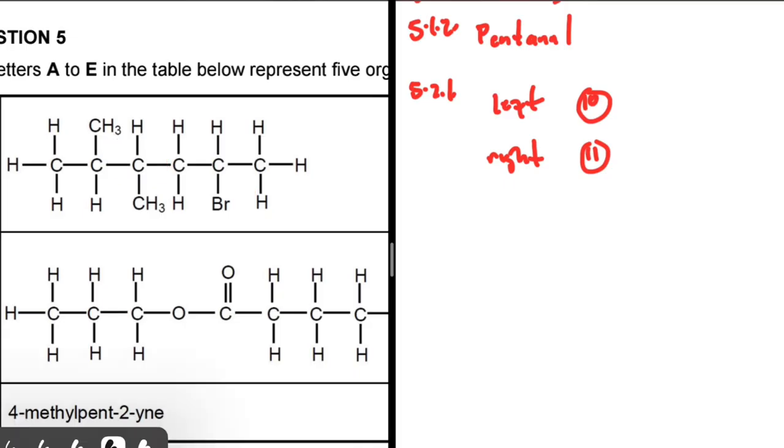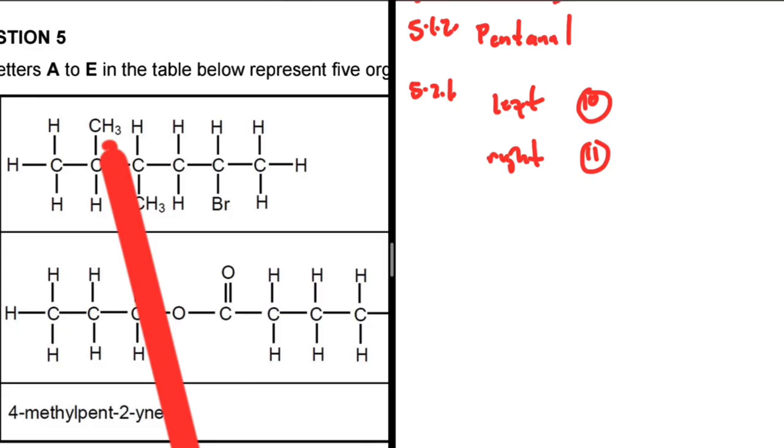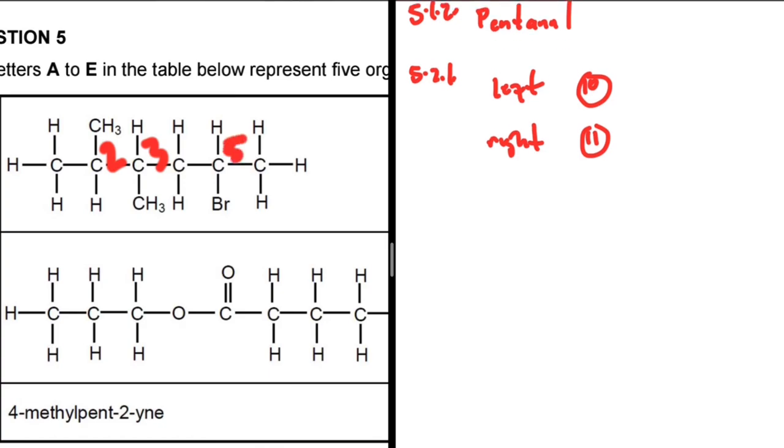So we have a branch on the second, on the third, and on the 5th, like we have established. So there we go. So we have 2,3-dimethyl, right? And 5-bromo.